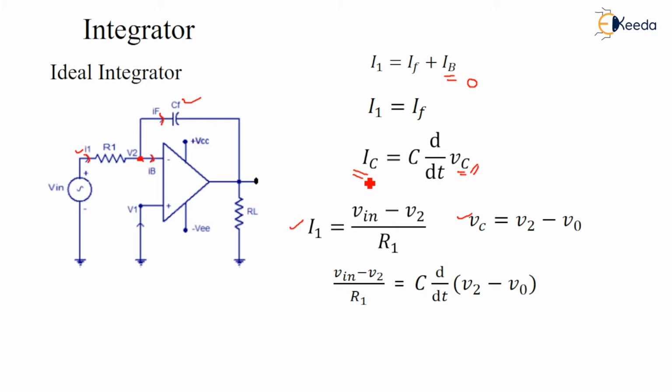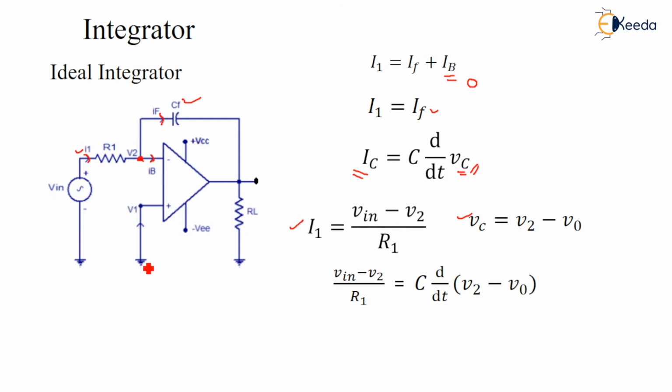Instead of I1 I can substitute Vin minus V2 divided by R1 is equal to, instead of IF, IC, which is C into d by dt of V2 minus V0.